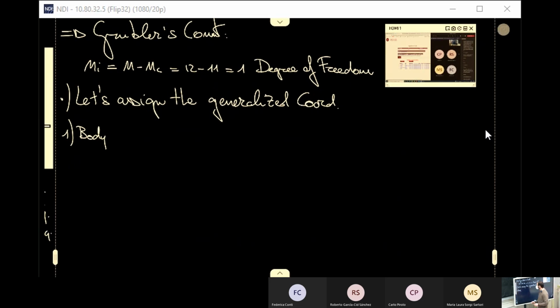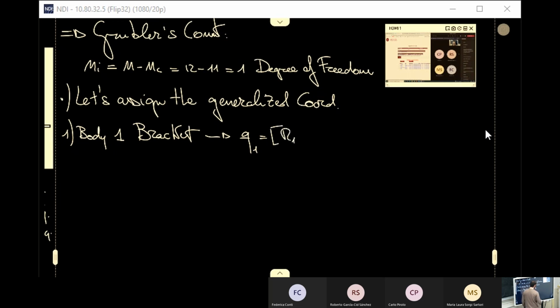So the first body, I'll call it the frame, if you want, or the bracket. Let's call it bracket.